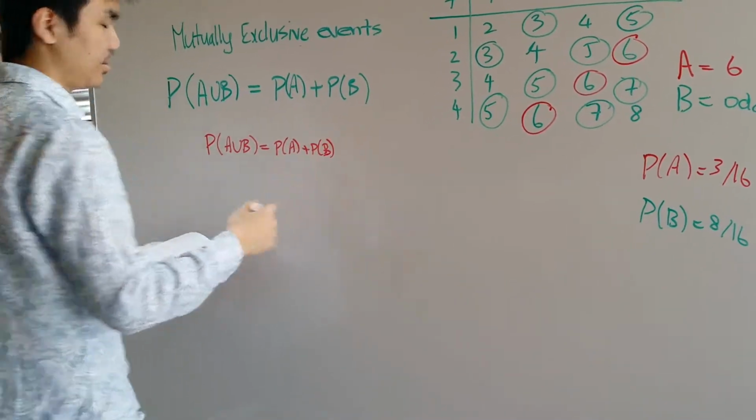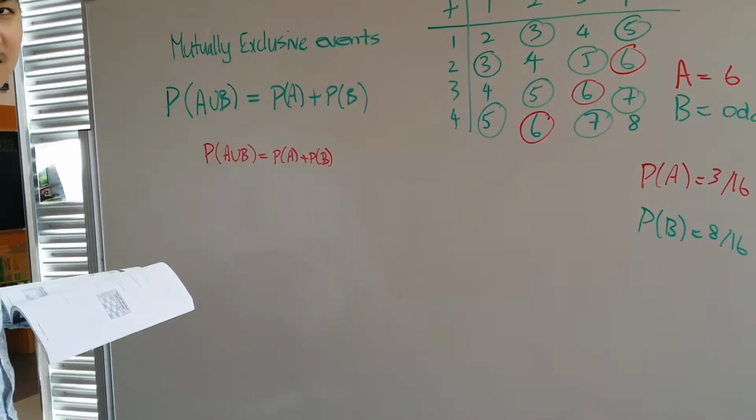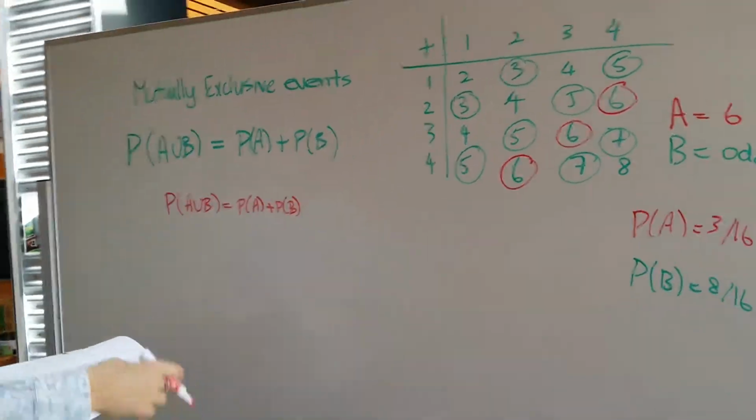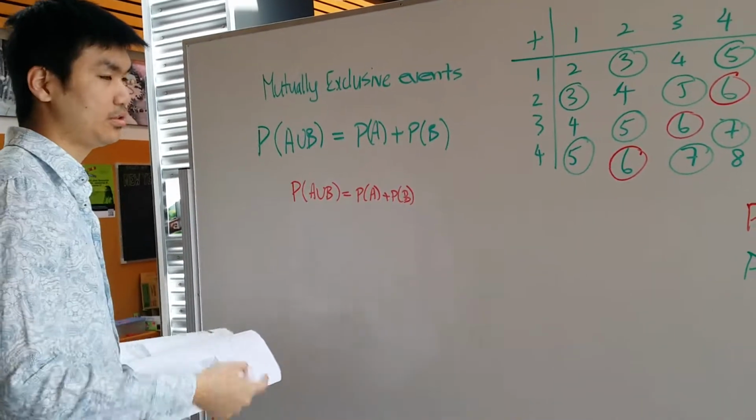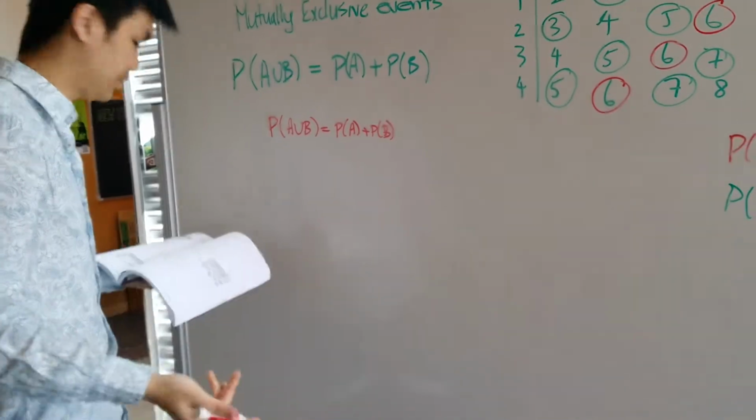Remember, every single time before you do a question, write the formula out so you know what is defined and what you're trying to find. Then when you do the question, just plug it in and you get the answer.